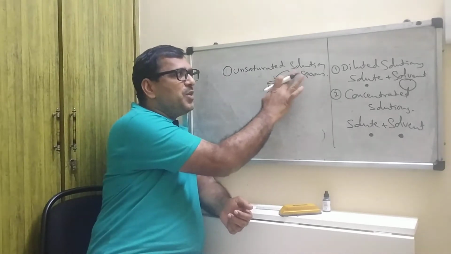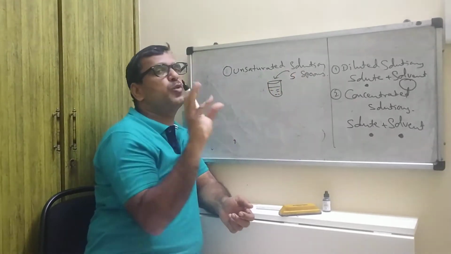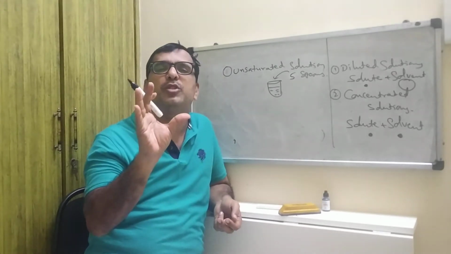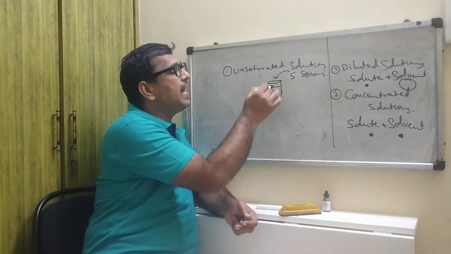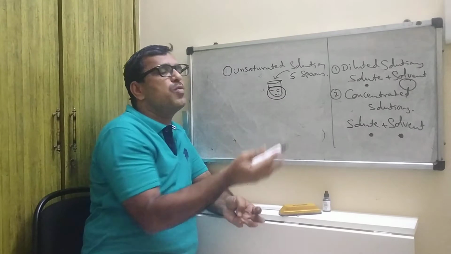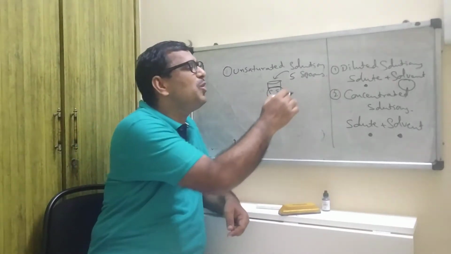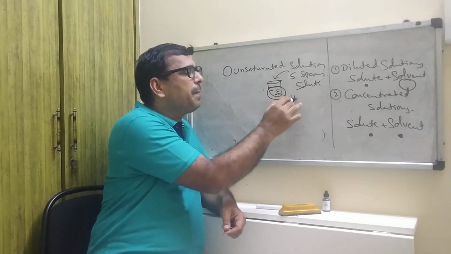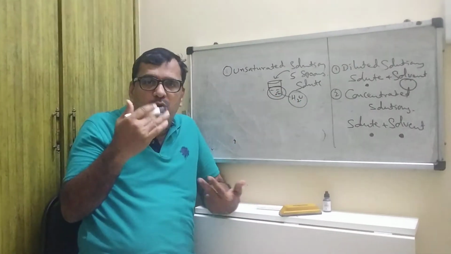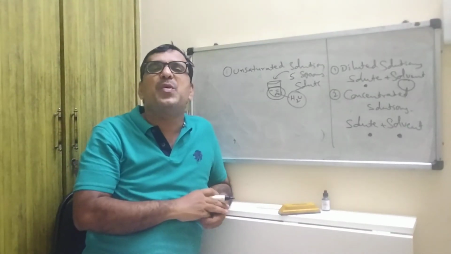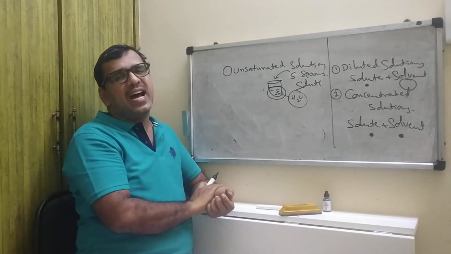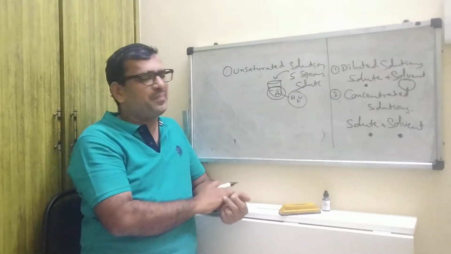But here you add only 5 spoons. That means the water is ready to allow more solute to dissolve. That is known as an unsaturated solution.